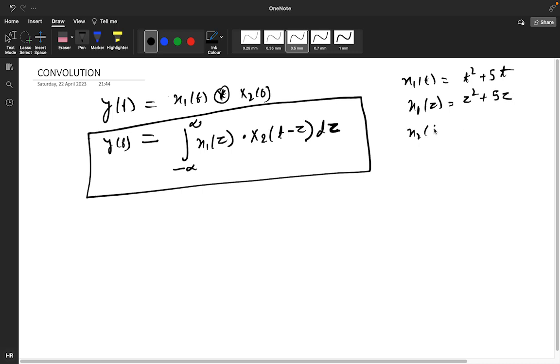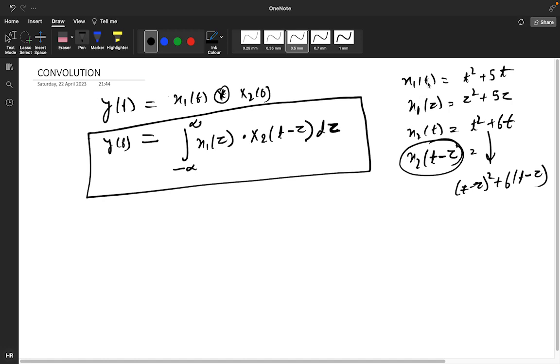And if x2 of t is given as, suppose, t square plus 6t, then for x2 of t minus tau you will put t minus tau, so it will be t minus tau the whole square plus 6 times t minus tau. So you got x2 of t minus tau and x1 of tau, then multiply these and integrate in terms of d tau.